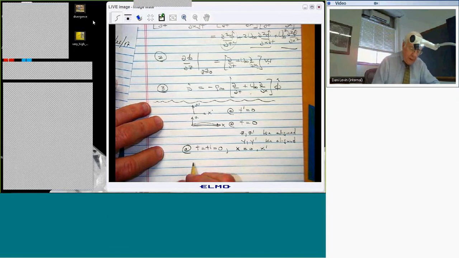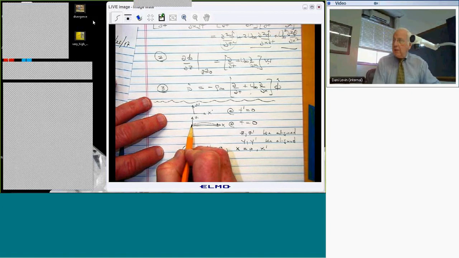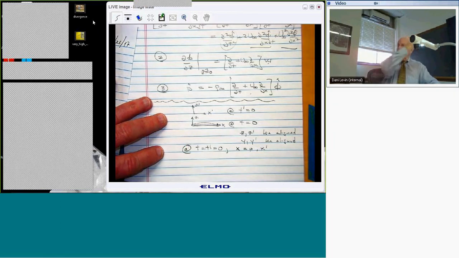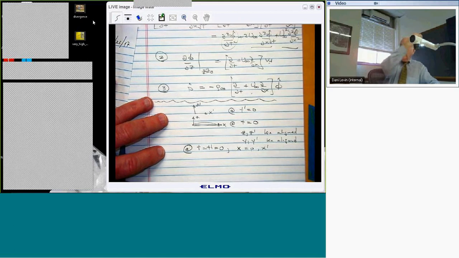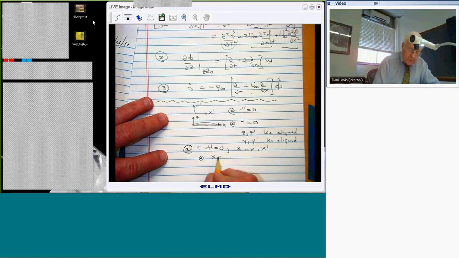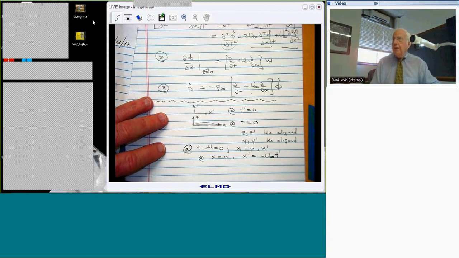Now, when X equals 0, I'm always at the leading edge of the airplane. So if I look at that point, X is always 0, but X prime keeps getting more and more negative. So at X equals 0, X prime equals minus U infinity t, or t prime; they're both the same.